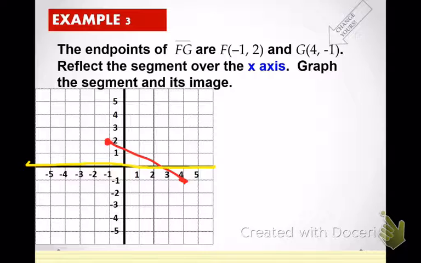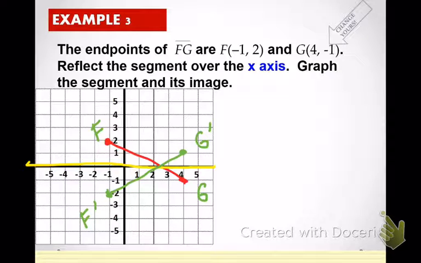So again, what I would do if I were doing this problem is use the count method. If this is 2 up here, it's going to be 2 down here. There's my new point. This is F, this is G, so this becomes F prime, and this point, 1 up, becomes G prime.